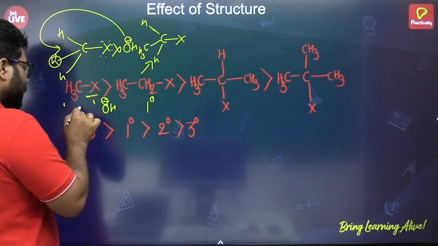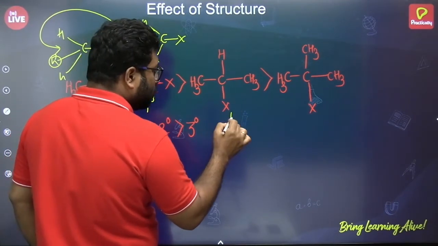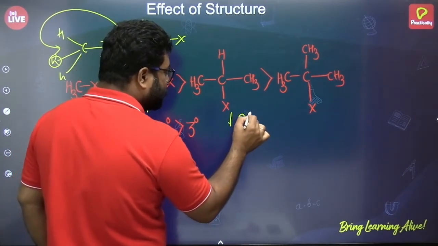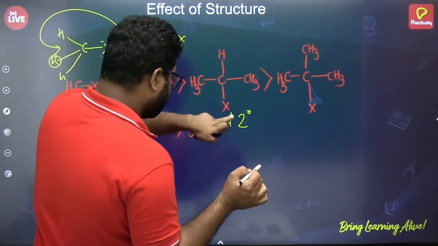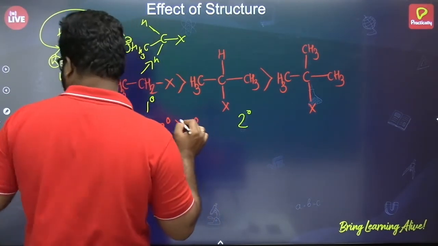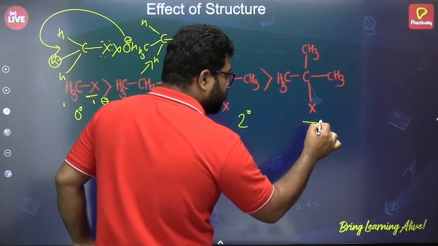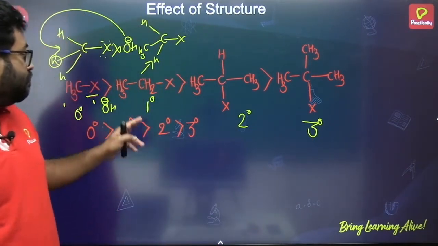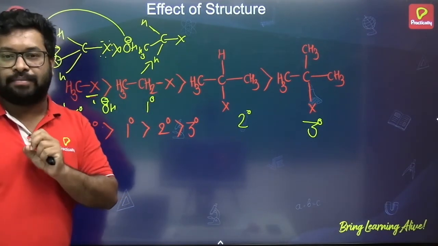This is 0 degree. When you go from primary to secondary alkyl halide, so secondary and tertiary. See, primary alkyl halide, only one hydrogen has got replaced by methyl.